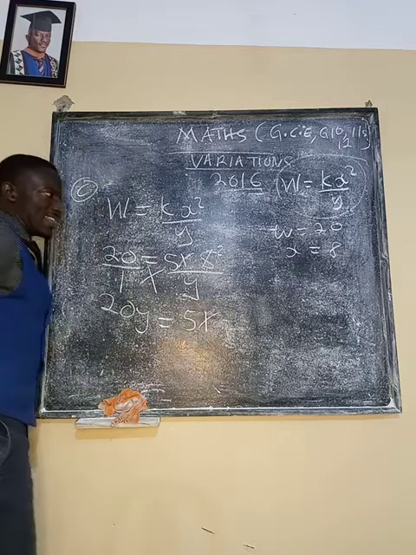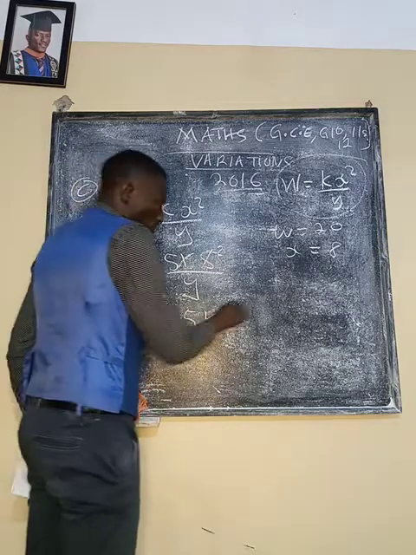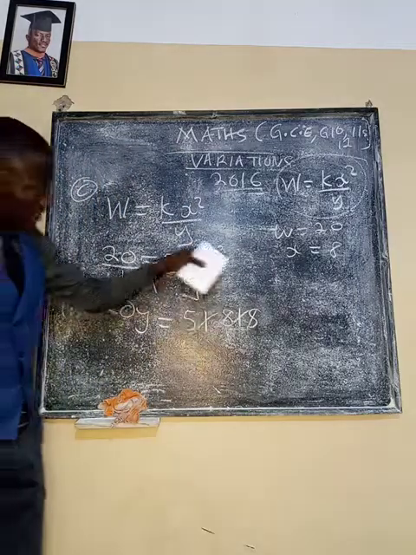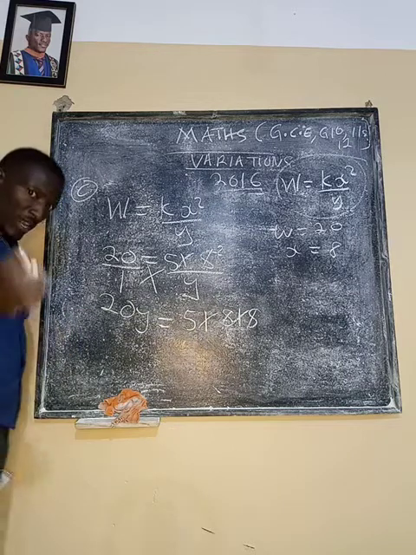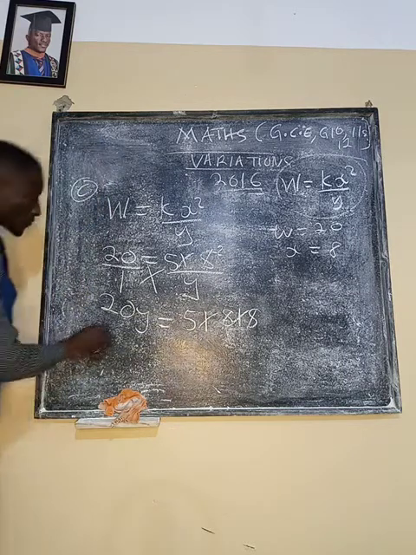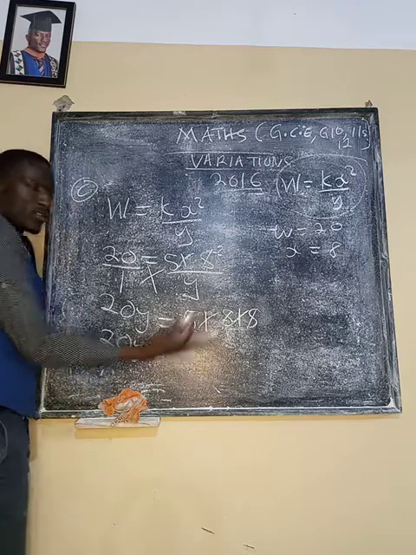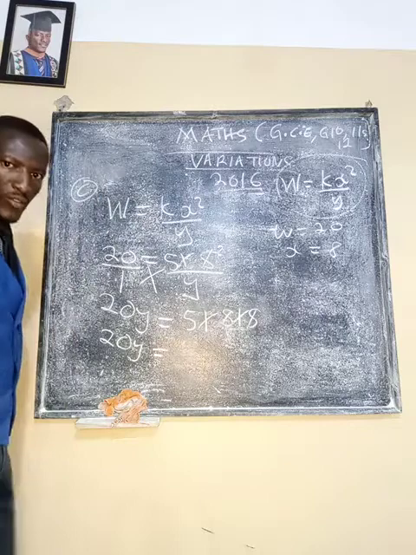I mentioned 8 squared. What does it mean? 8 times 8, not 8 times 2. Don't start writing 8 times 2. This is the power, you say 8 times 8. Okay. So 20Y is equal to, you can do some magic here. 5 times 8. It will give you what? 40.